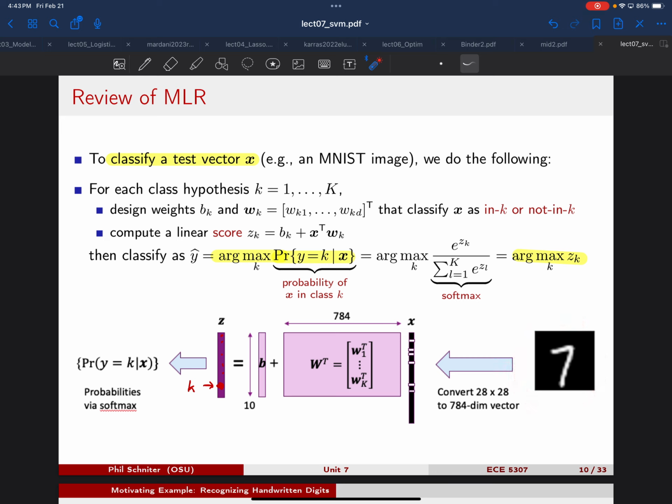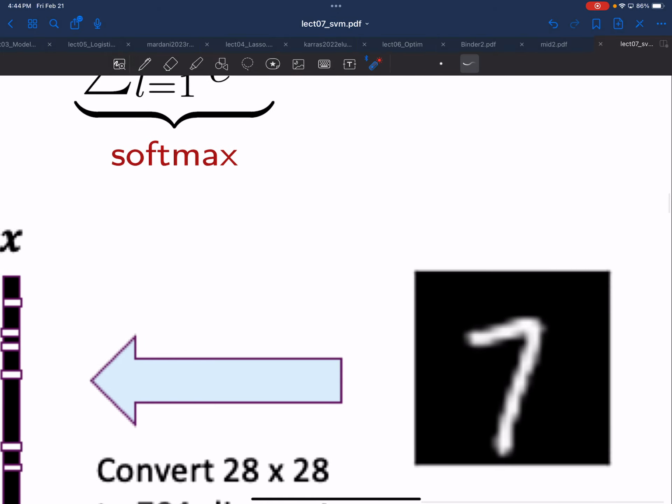Is it just zeros where it's black and ones where it's white? More or less. If you look closely, there may be some gray values. I don't think it's all ones and zeros. There could be something in between at the edges.